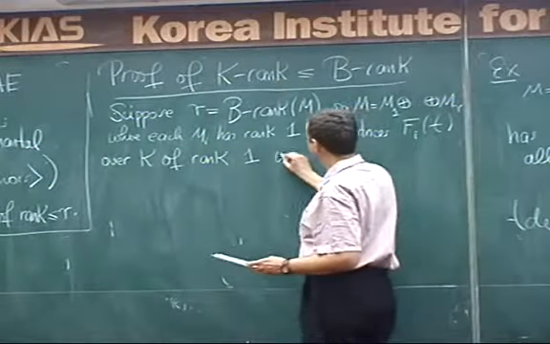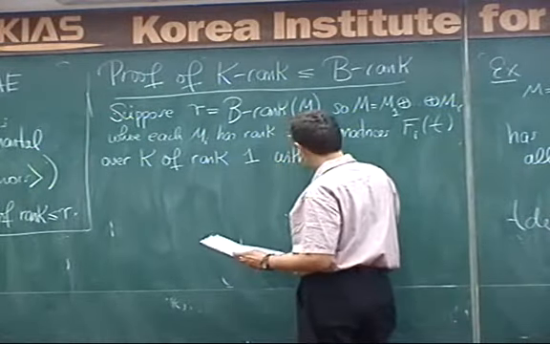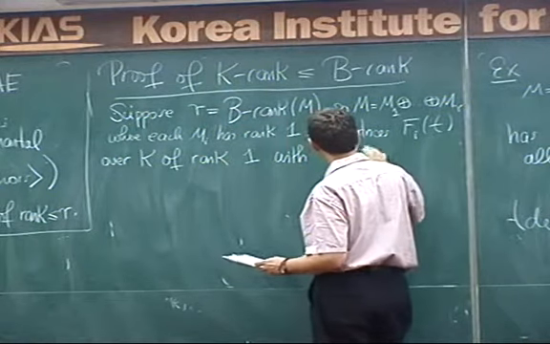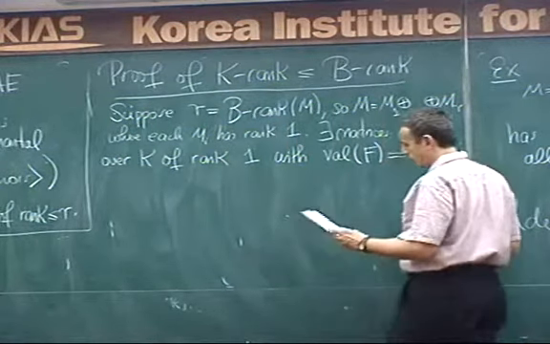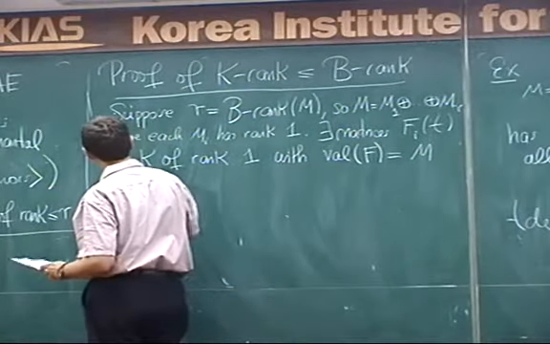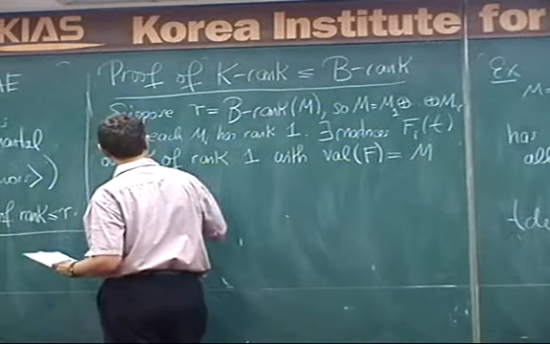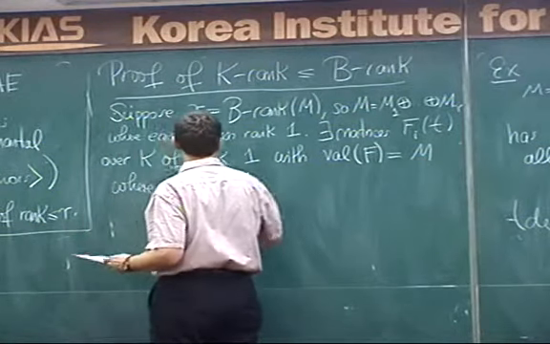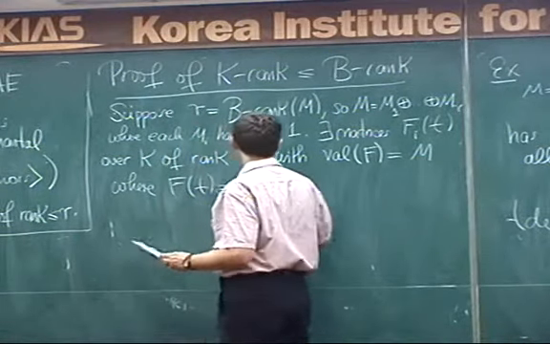And I claim we can arrange it in such a way that the valuation of F is M, where F is the sum of these Fi.